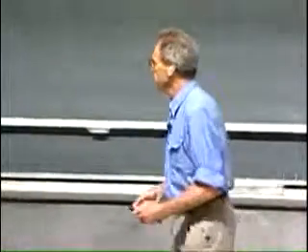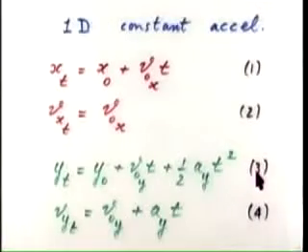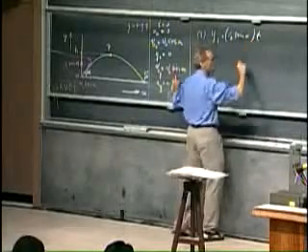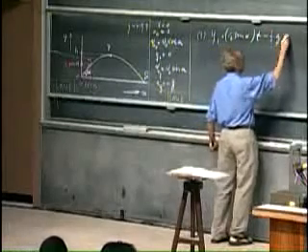I now want to ask first the question that you may never have seen answered: what is the shape of this? Well, we can go to equation number 3 and write down that y as a function of time equals v0y times t, so that is v0 sine alpha times t, minus 1/2 g t squared.